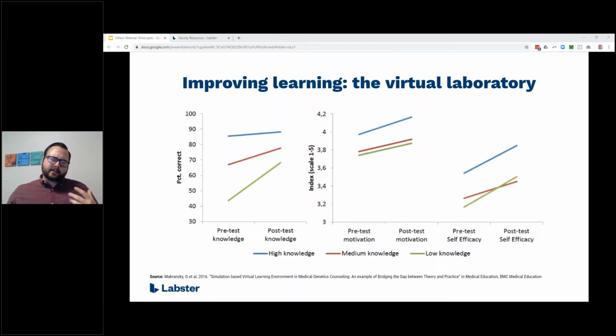Again, making it easier to teach to the middle and make sure that all the students are gaining relevant information and the necessary tools to move forward after they leave the course, whether it be in future classes or in their careers. We were also able to increase the students' motivation, self-efficacy, confidence across the board for all knowledge levels as well, as you can see there.